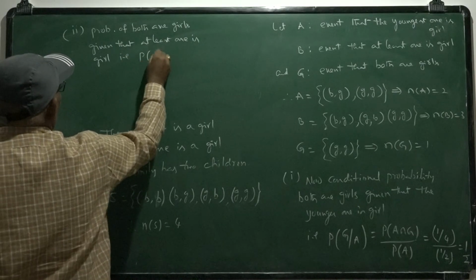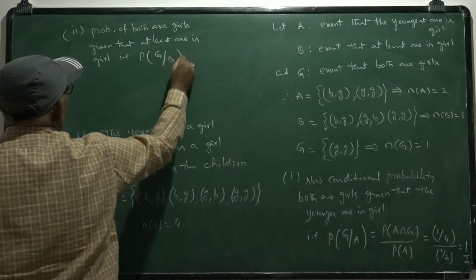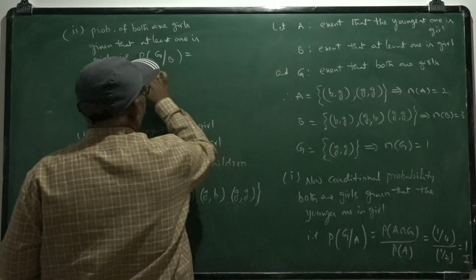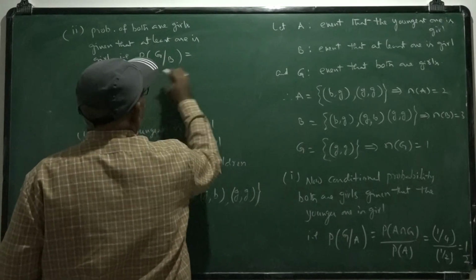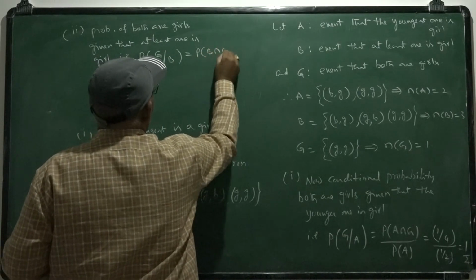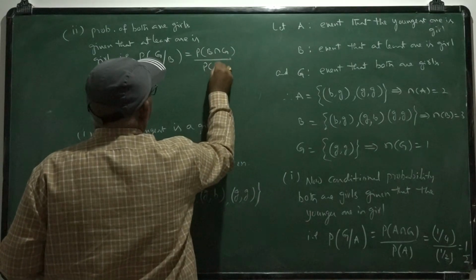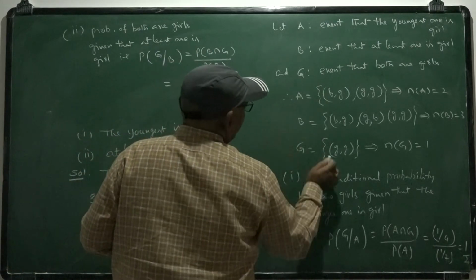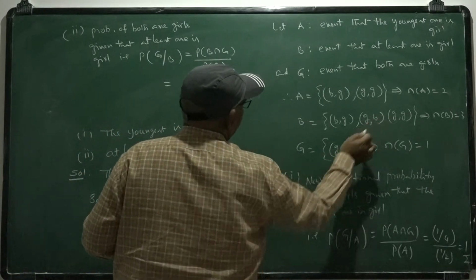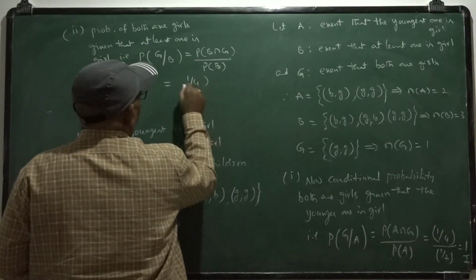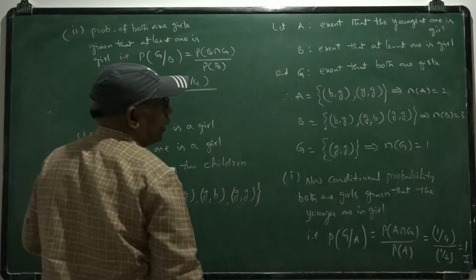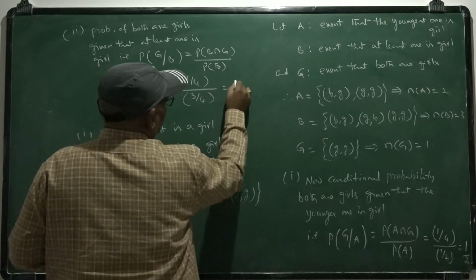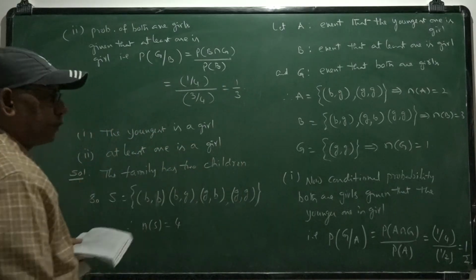That is the probability of both the girls given B, at least one is girl. The event is B. The conditional probability of G on the happening of B is probability of B intersection G by probability of B itself. B intersection G contains only 1, so 1 by 4 by probability of B. Happening of B is 3 by 4. So you can remove this 4. Hence 1 by 3.